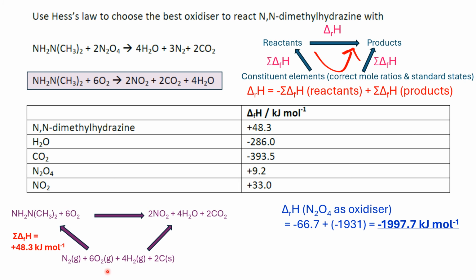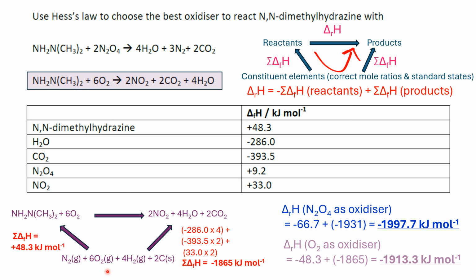On the right hand side, adding everything up gives me minus 1865 kilojoules per mole, and putting that through my expression in the top right hand corner, that gives me minus 1913.3 kilojoules per mole. So therefore, obviously, this one is more exothermic. So as a result, the better oxidizer is N2O4, because more energy is released when the N,N-dimethylhydrazine reacts with that compared with when it's reacted with oxygen.